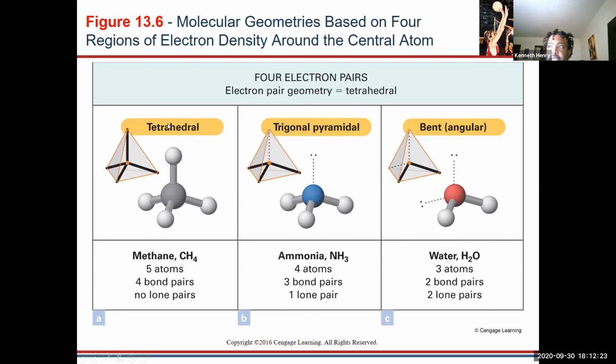This guy is tetrahedral because you have 4 true attachments, atoms that are attached. This guy has 3 atoms that are attached, and you have that lone pair that's pushing things down, so that's going to be trigonal pyramidal. And then we have the case of water, which has 2 lone pairs pushing things down and your 2 attachments to hydrogens, so that one's going to be bent.